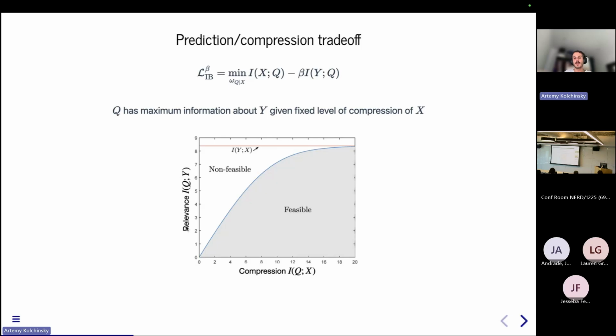Sometimes it's called relevance, and we trace out this curve of basically feasible solutions and non-feasible solutions. All points on this curve can also be parameterized by beta. Beta sets basically the slope of this line, which is the trade-off between compression and prediction.